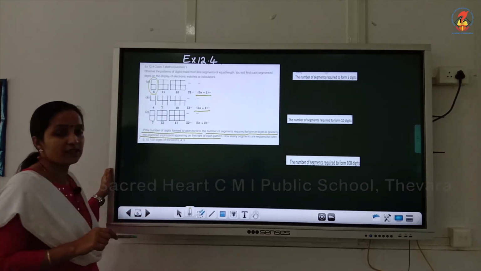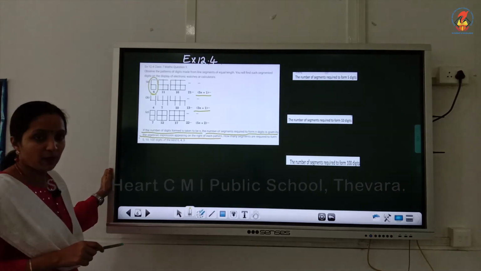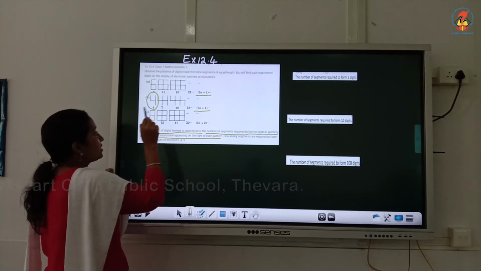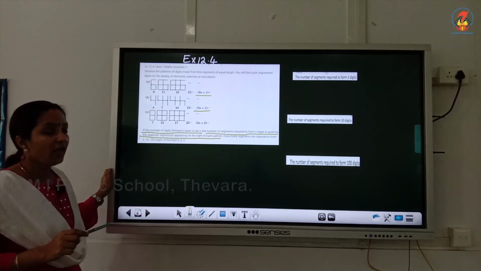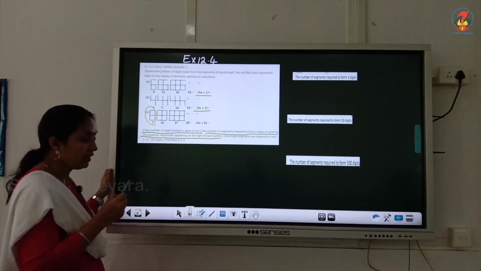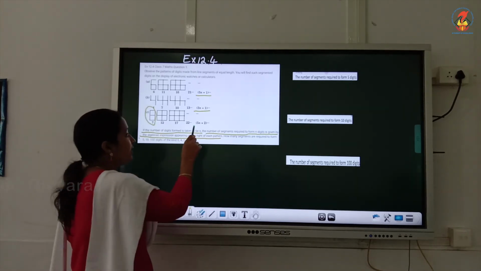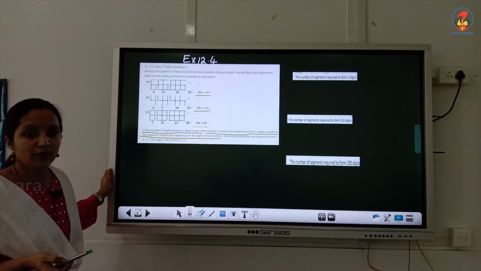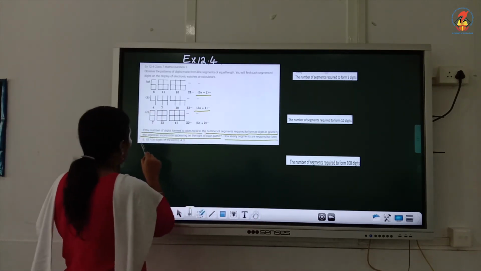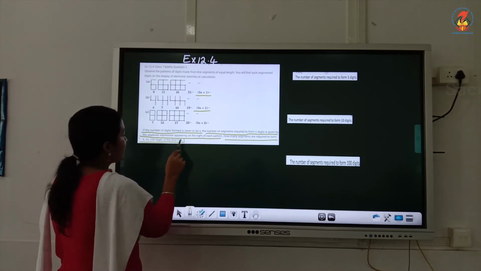Number of line segments required to form n digits of this kind is 3n plus 1. And number of line segments required to form n digits of this kind is 5n plus 2. And what we have to find out in this question, children, how many line segments are required to form 5, 10 digits of this kind?